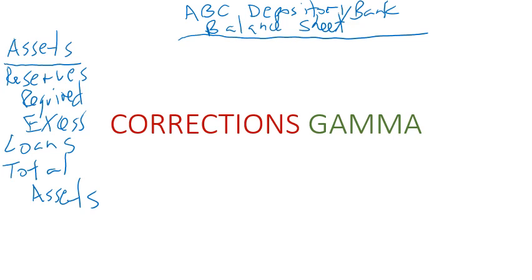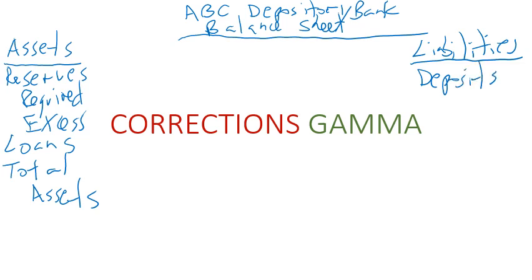On the right side of the balance sheet we have liabilities. Okay, and we're primarily looking at this liability account called deposits.